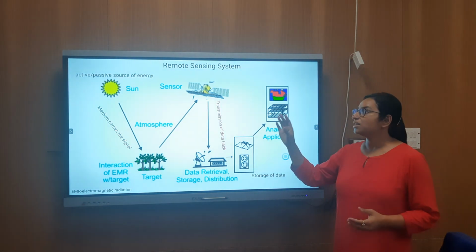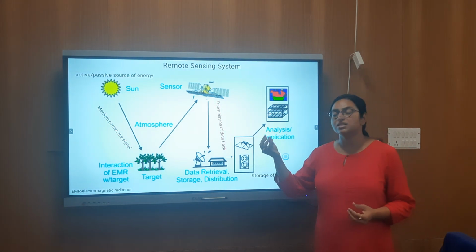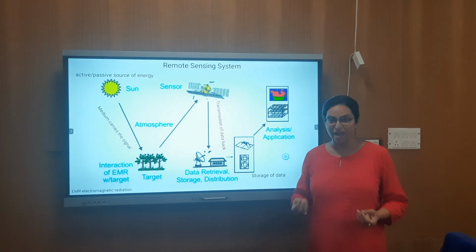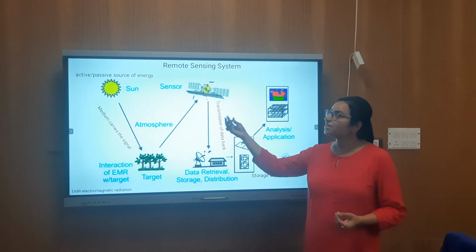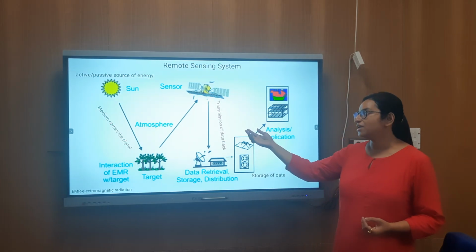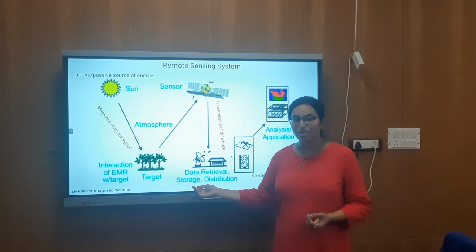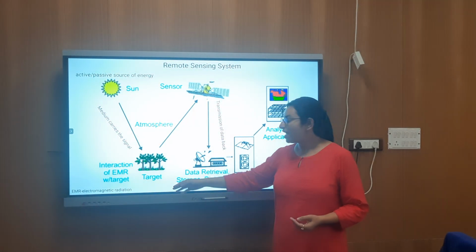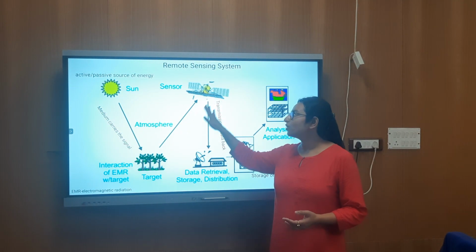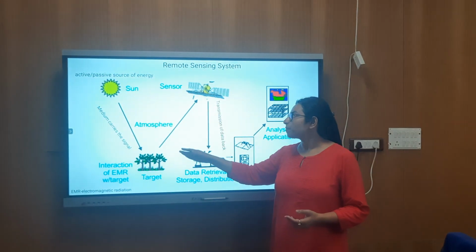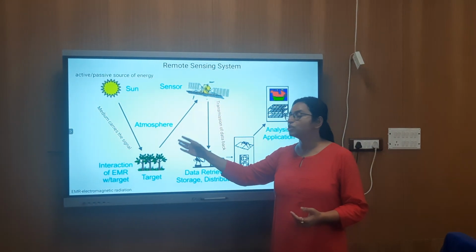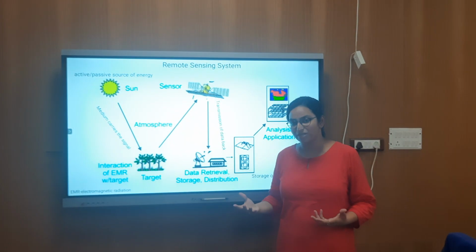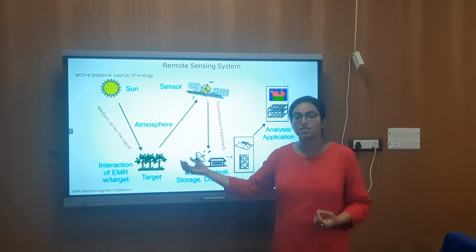So the incoming energy of the sun is not in our hands. But because that energy is coming from the sun, the electromagnetic radiation falls at the target, and then from the target it goes to the sensor. And this is happening by virtue of the energy that is always present. Therefore, it is a passive source.